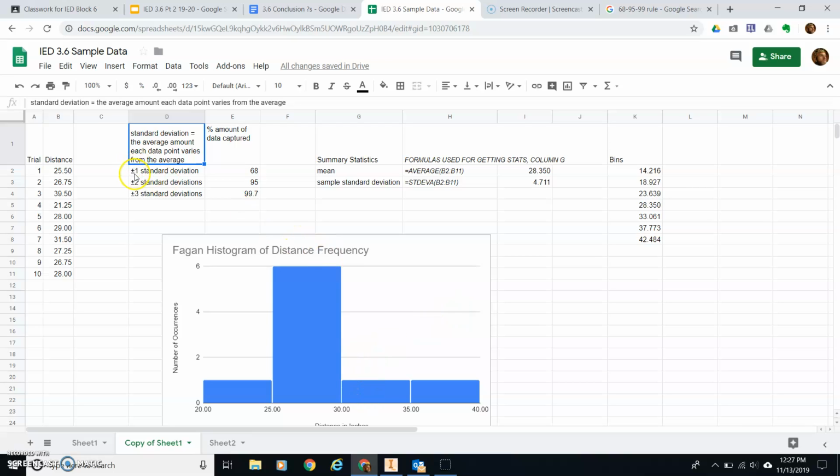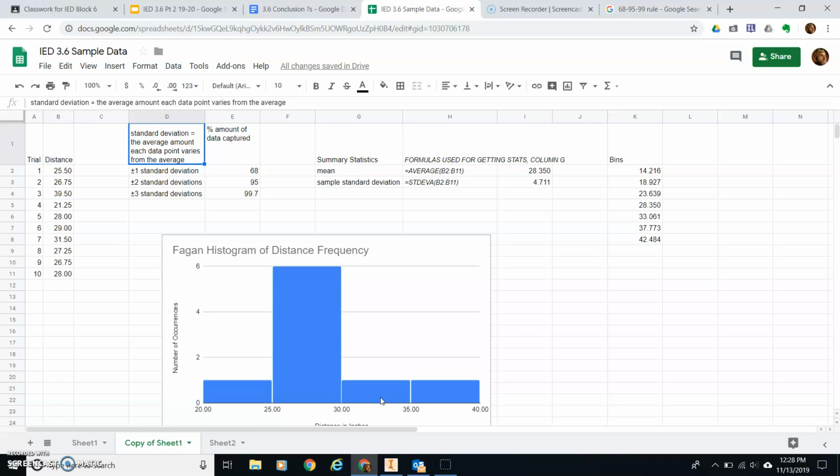And if I subtract one standard deviation, that's going to take us down to 23.639. All right, so a little over here. What I should see is 68% of my data captured in that area. So roughly from 23.6 all the way up to 33.06. All right, looking at this chart, yeah, that looks about right, because 68% is a little more than 2/3 of your data, right?